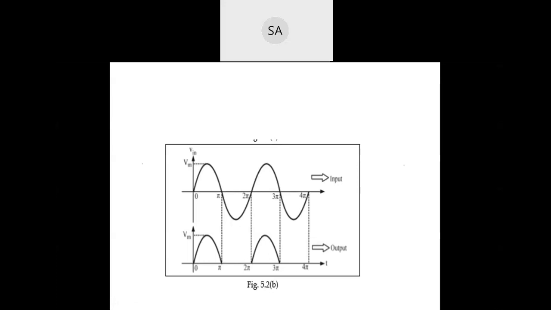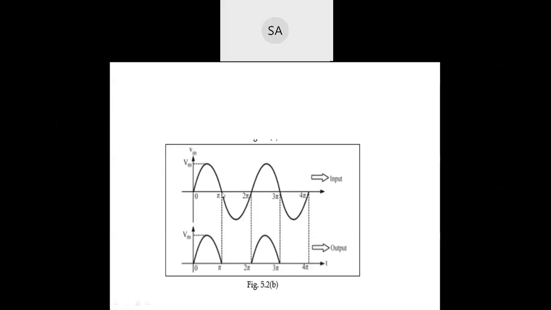At the secondary end, during this positive half cycle, that is the 0 to pi period, the diode is forward biased and conducts. So the current flows through during this period, and that voltage appears across the load.